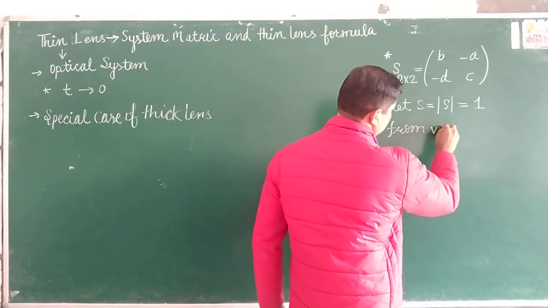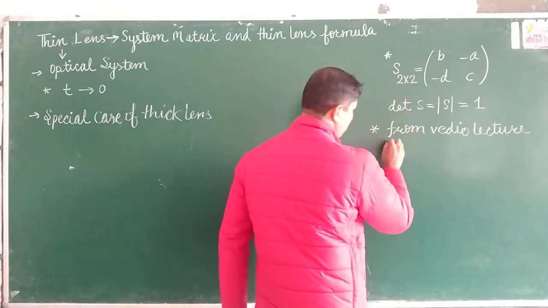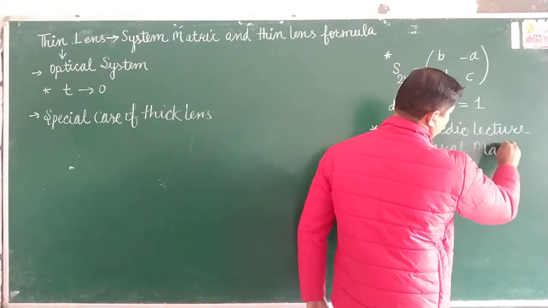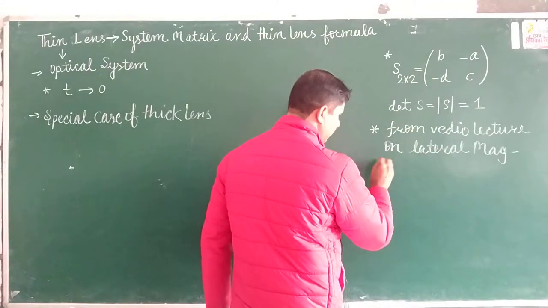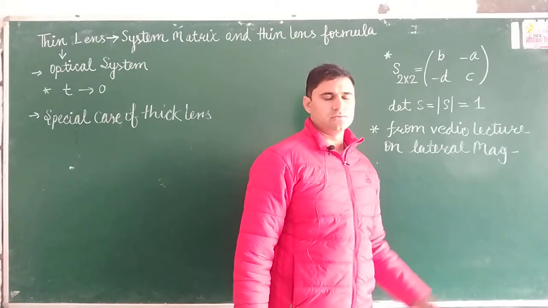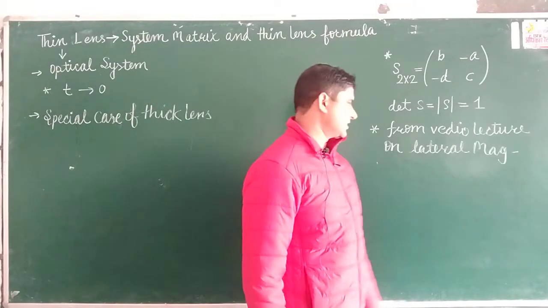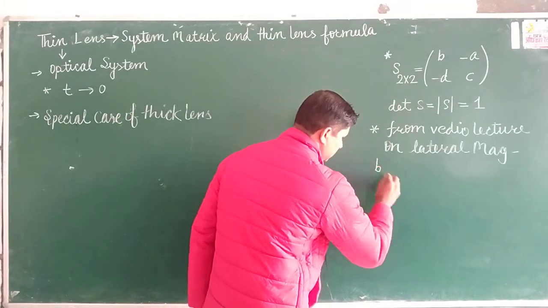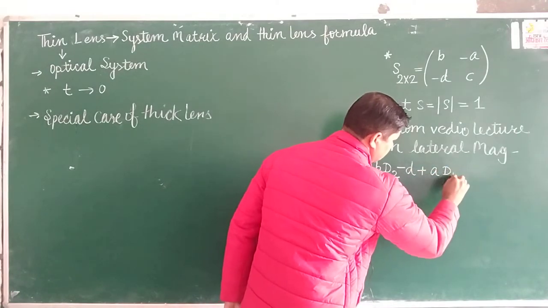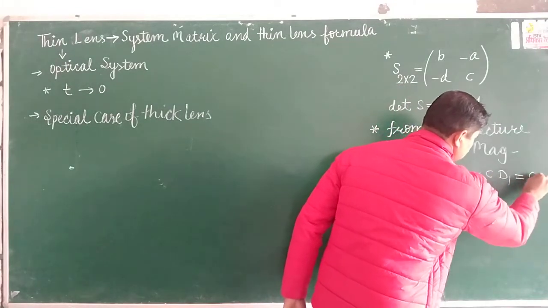Okay, we have discussed it in the previous lectures, and in the video lecture on lateral magnification we have obtained the relation between D1 and D2, where D1 is the distance of the object from the first refracting surface and D2 is the distance of the image from the second refracting surface of the lens, and that was B D2 minus D plus A D1 D2 minus C into D1, and this was equal to 0.